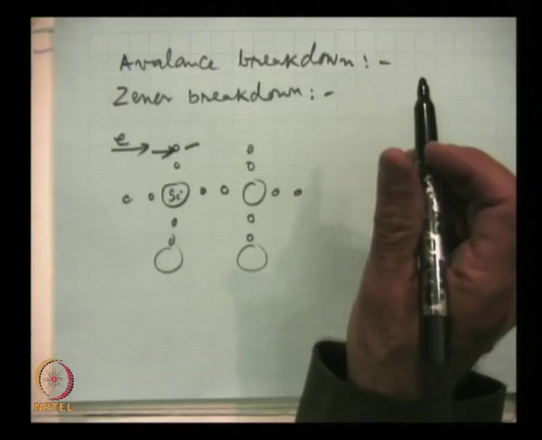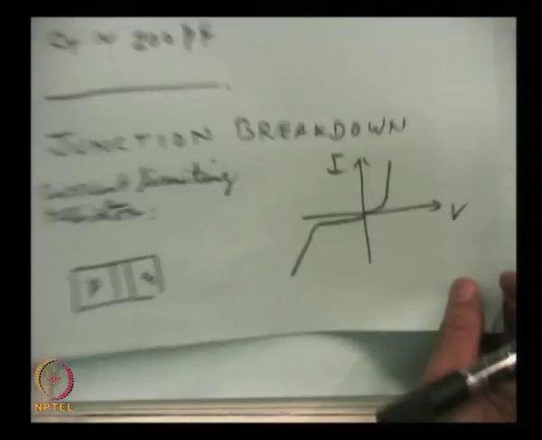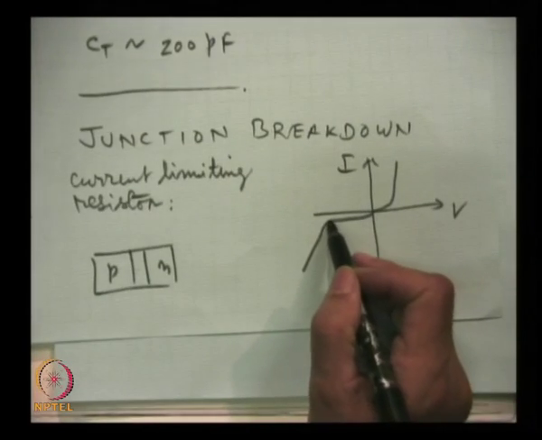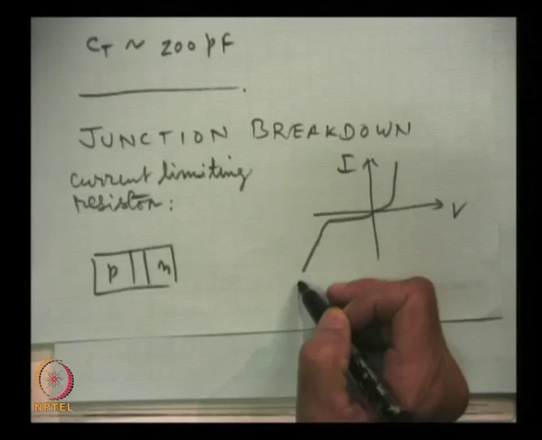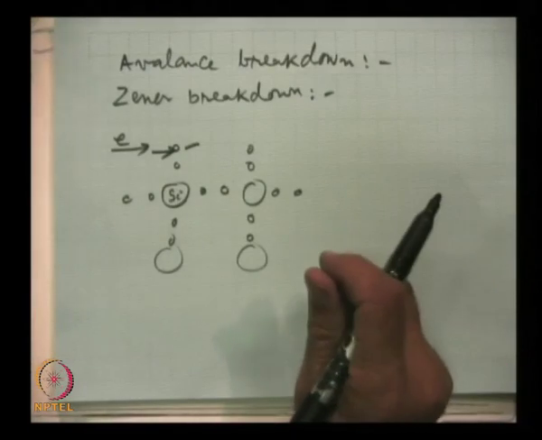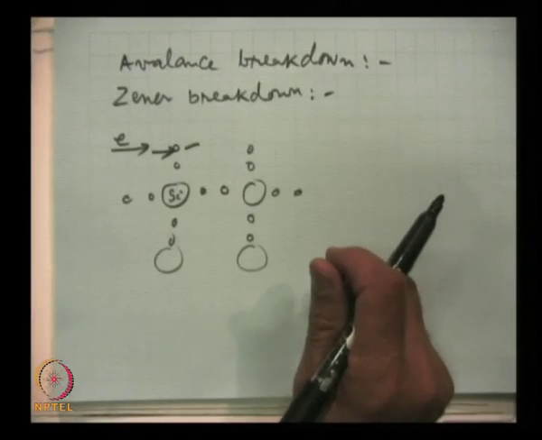Normally, for a PN diode, this breakdown is very gradual, but by proper doping, proper design of the PN junction, we can make the breakdown occur very sharply.